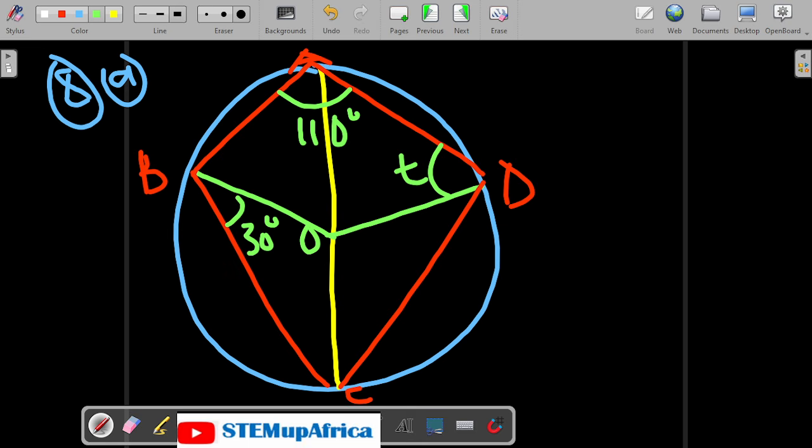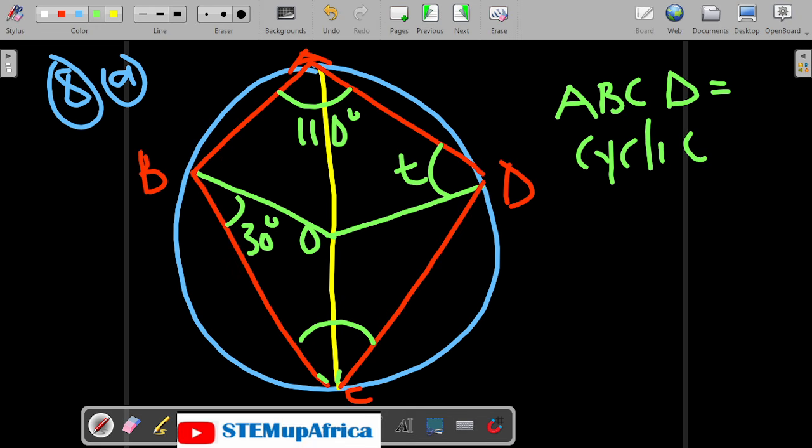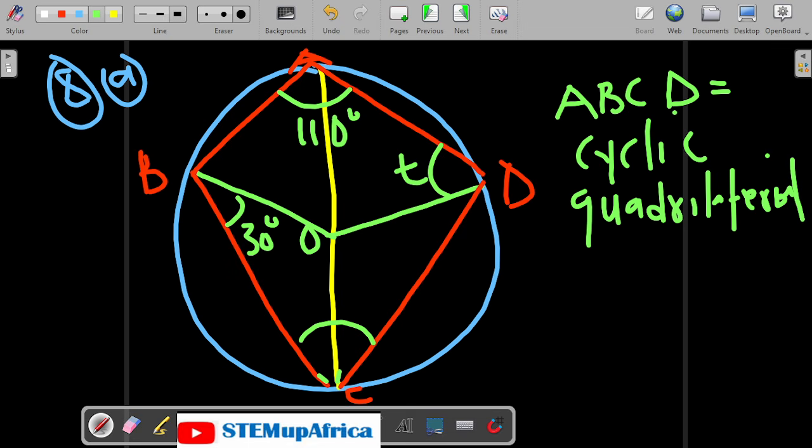Let's get the whole of this angle. If ABCD is a cyclic quadrilateral, meaning the fourth vertex touches the circle, then the angles on opposite sides add up to 180. Angle A plus angle C gives 180.